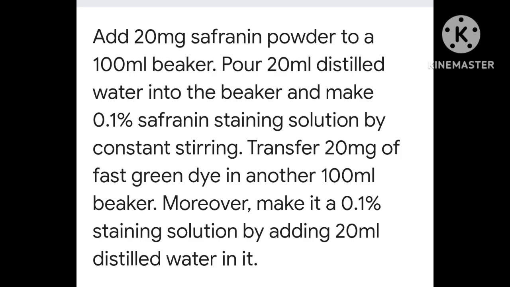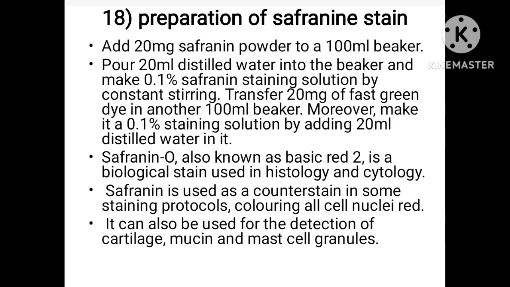Make it a 0.1% staining solution by adding 20 ml distilled water to it. Safranin, also known as basic red 2, is a biological stain used in histology and cytology.